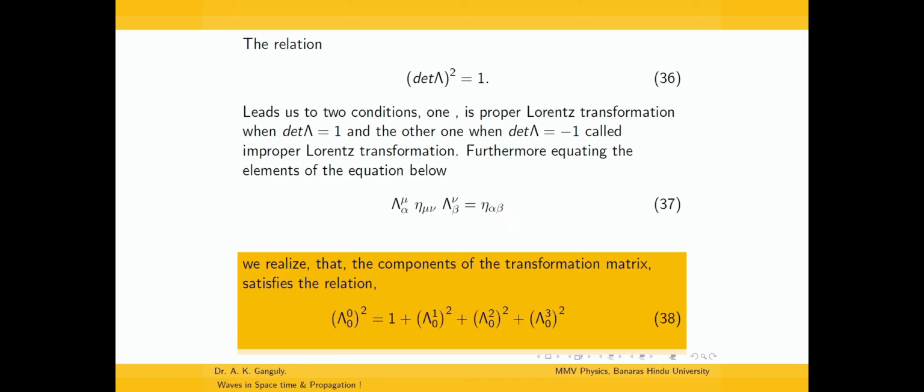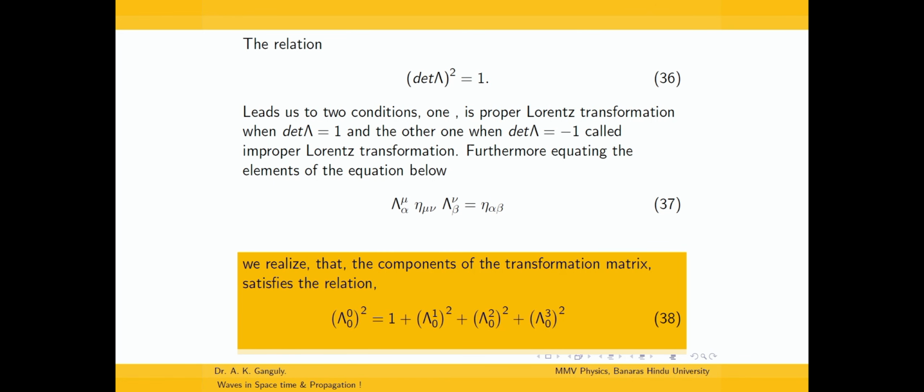If you equate the left hand side and the right hand side of equation 13, which is a matrix equation, then we note that the 0 0 element of these two sides gives rise to equation number 38, which equates lambda 0 0 squared equal to 1 plus the 3 perfect squares added together. Those are the elements of the Lorentz transformation matrix lambda mu nu.